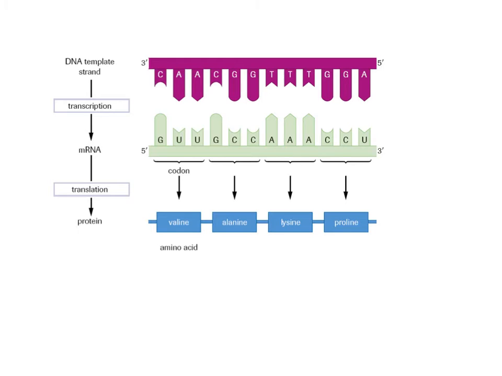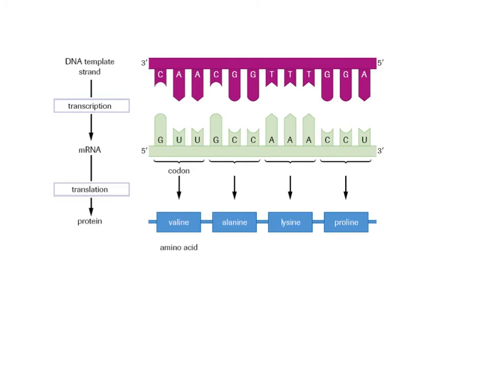But also notice that it is complementary. So my C pairs with G. A would normally pair with T in a DNA strand, but I've subbed in uracil because, yes, this is mRNA. And on and on, right? So in here lies the same complementary sequence as I saw in my DNA strand, in the form of mRNA.